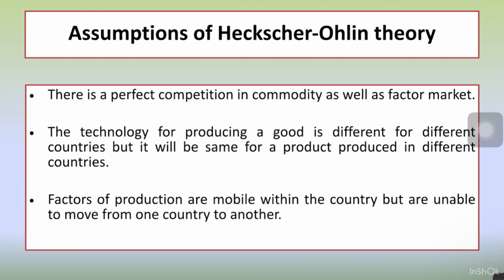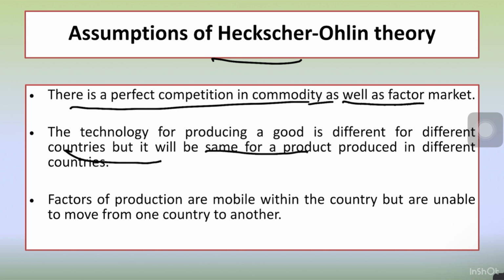So the assumptions of this theory: first, there is perfect competition in the economy as well as in the factors. Then the technology for producing a good is different for different countries but is the same for a product produced in different countries. And the last is that factors of production are mobile within the country but cannot move from one country to another.